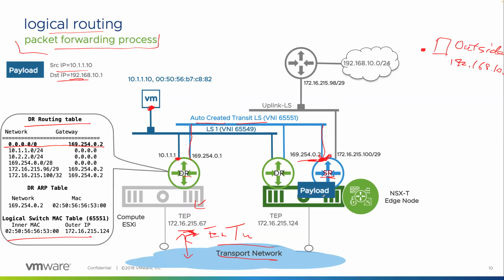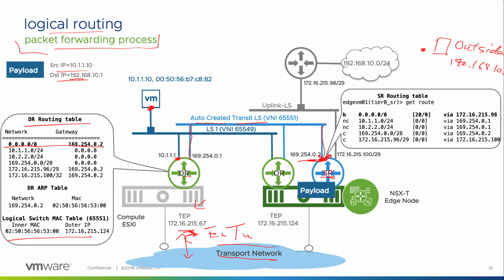By decapsulating the tunnel, the original payload goes to the SR, which still looks up the routing table and sees the next action. That means going through this interface or this IP.